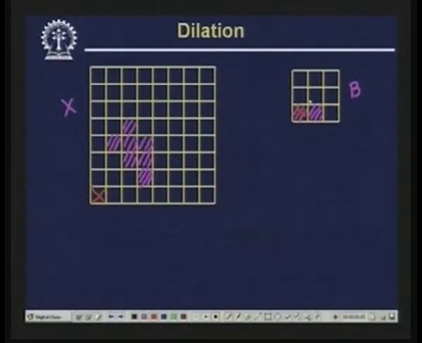So, considering these two origins, you find that this point set X can be represented by a set of points consisting of points say 3, 2, points 2, 2, points 3, 1.